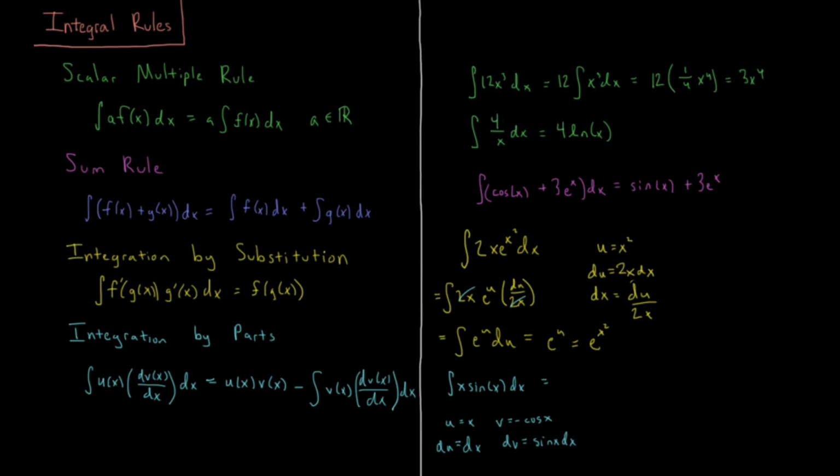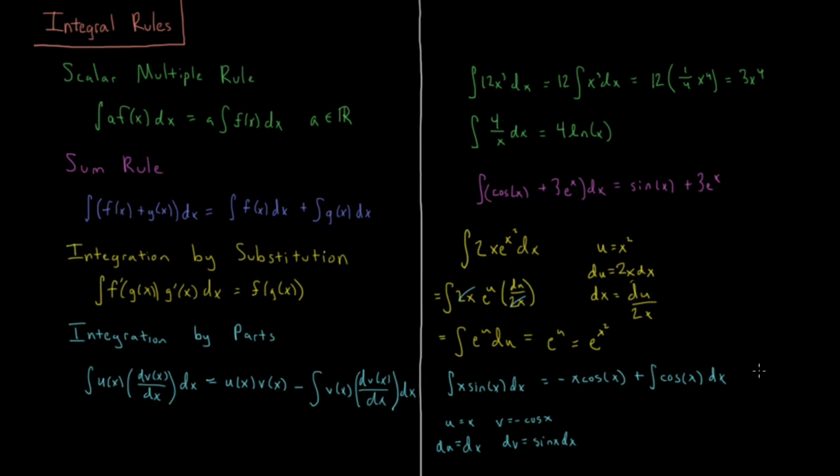Now I just substitute in the parts to get the result. Because x is u and dv is sine x dx, I need to multiply u times v, which is x times minus cosine, so minus x cosine x. Then minus the integral of v du. So I have minus the integral of minus cosine x, and minus times minus gives me plus the integral of cosine x dx.